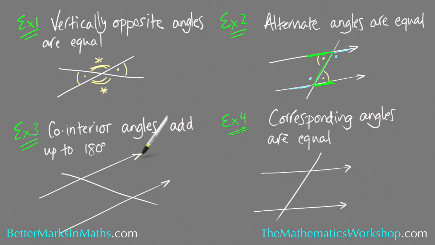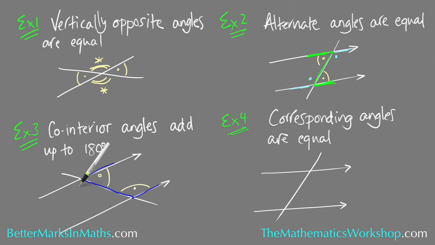So I might use dark blue this time, along that line and this line here and that line there, that's where you get a C. The two angles here, this one and this one, are between the two parallel lines and on the same side of that transversal. And so these two add up to 180 degrees. You can see they make a C when you draw it like that.